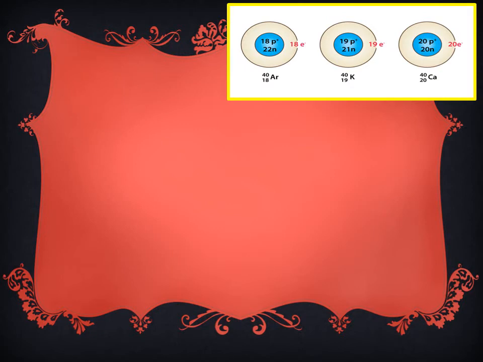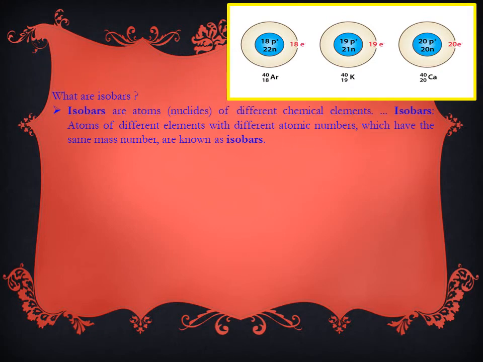Now, what are isobars? Now look at the screen. There are three pictures of isobars: argon, potassium and calcium. Argon, potassium and calcium are three different elements.